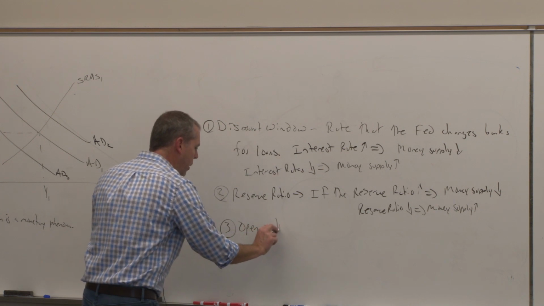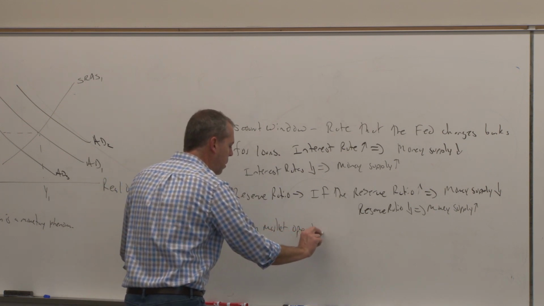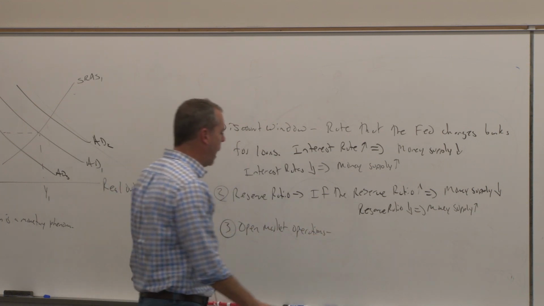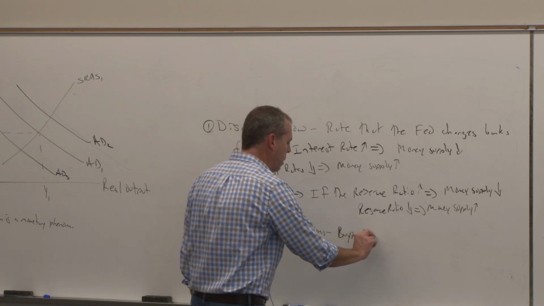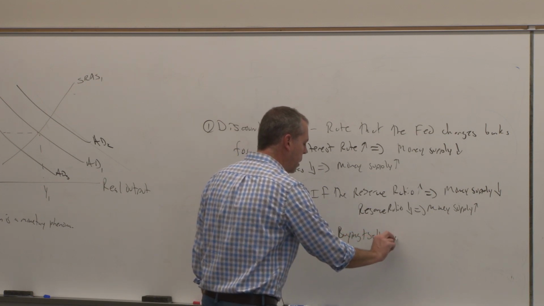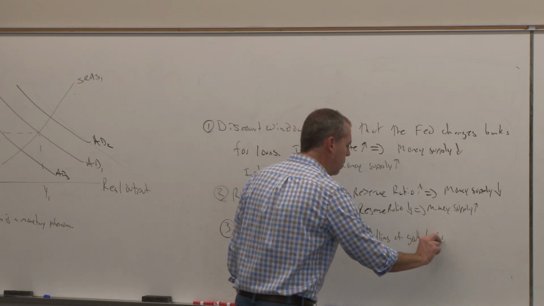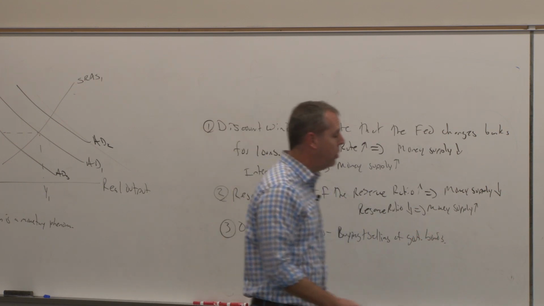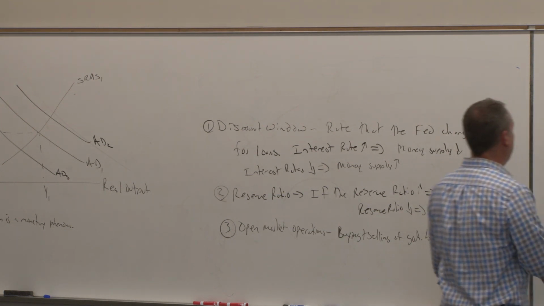The primary way they do it is through open market operations. This is the buying and selling of government bonds. Right? And it's really, really easy to see if it's going up or if it's going down, depending upon whether they're buying or whether they're selling. Here's you.